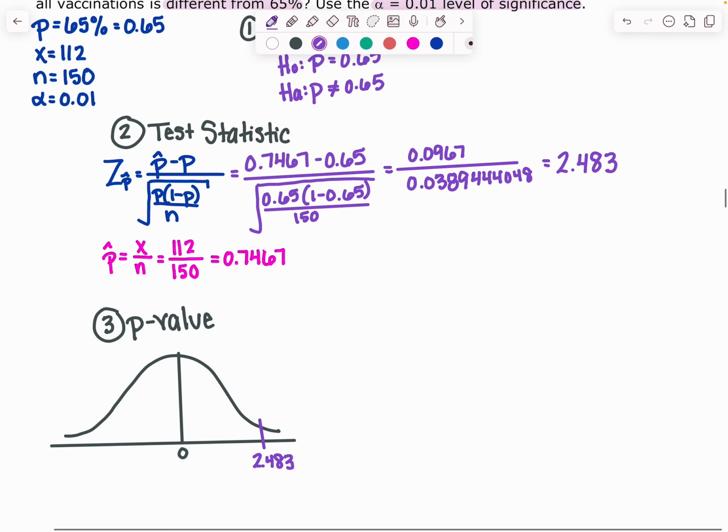And then it's a two-tailed test, not equal to. So I'm going to find everything above 2.483.